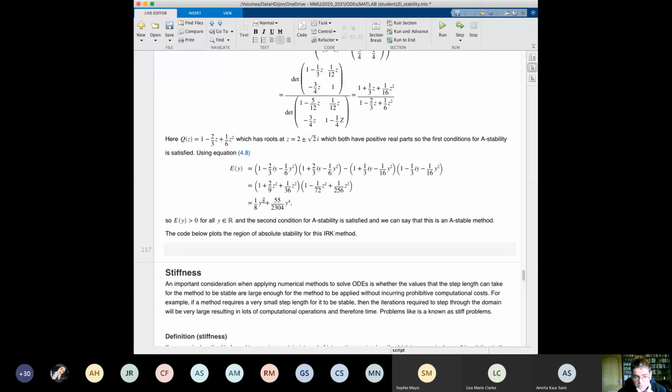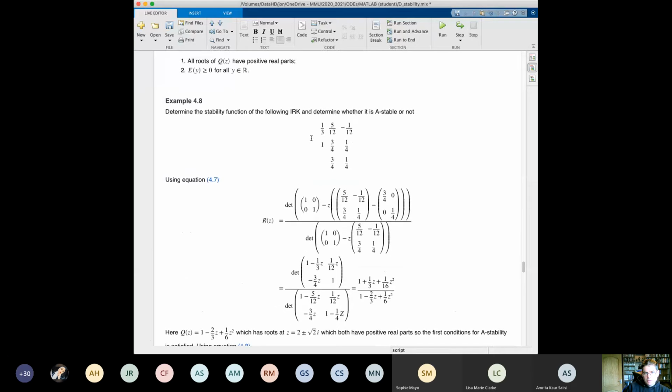Both of these have even powers, so if y was negative, these would still be positive. So E(y) is greater than or equal to 0 for all y on the real number line, so the second condition is satisfied. So we can say that this method is A-stable.